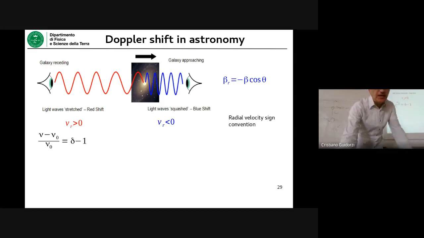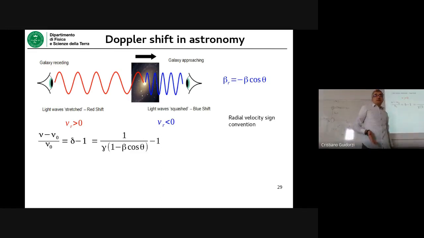So in particular here, when I want to calculate the frequency shift of a photon, where nu zero is the frequency of the photon emitted in the comoving source frame, and nu is the measured frequency, nu over nu zero is the Doppler factor by definition. So this is just delta to the minus 1. Delta is this guy. So that's what I was mentioning.